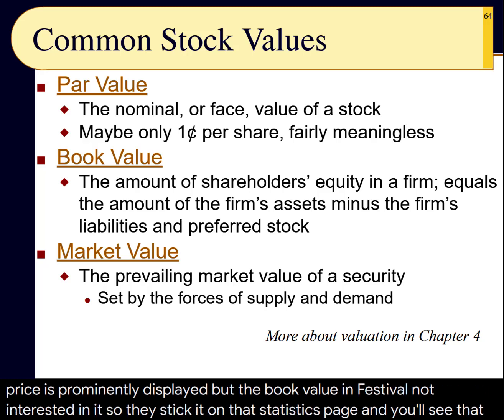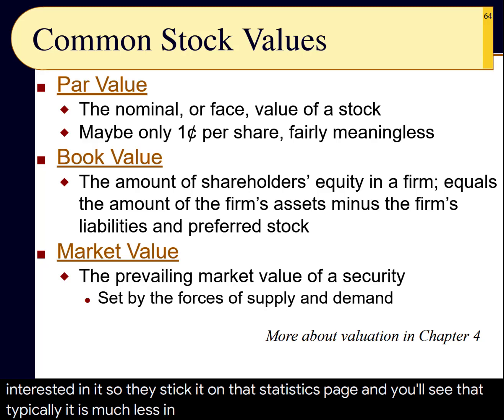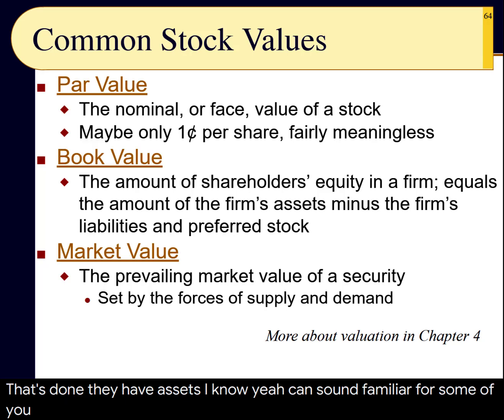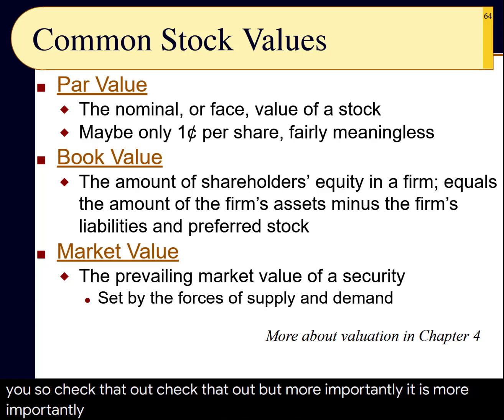And you'll see that typically it is much less. In fact, you'll see some companies that have negative book value. They have more debts than they have assets. I know, does that sound familiar for some of you? So check that out. But more important is the market value, the price of the stock.